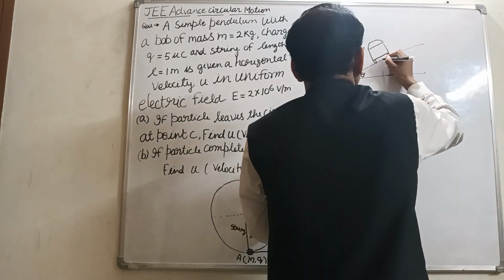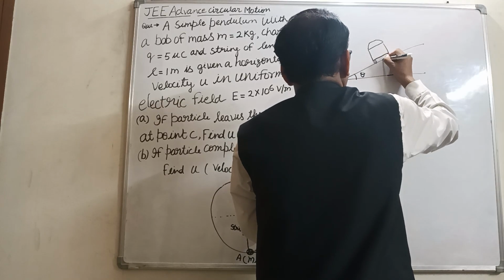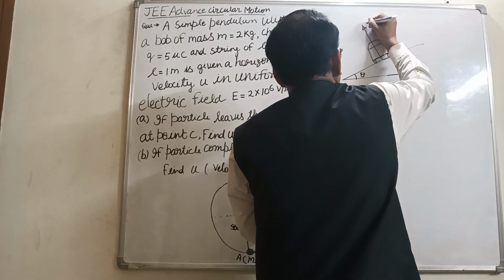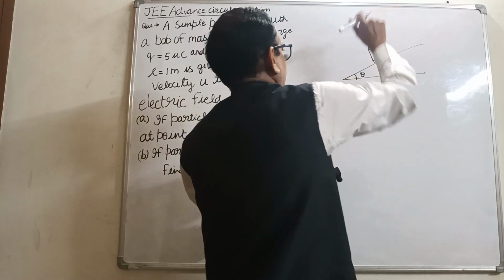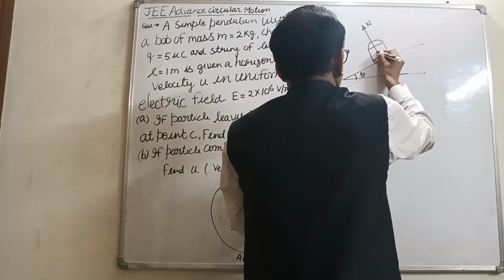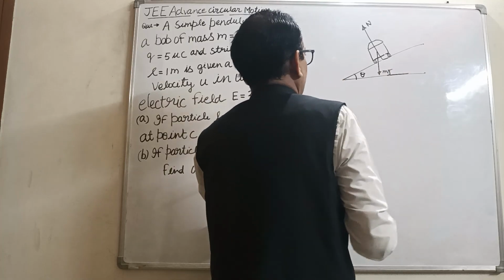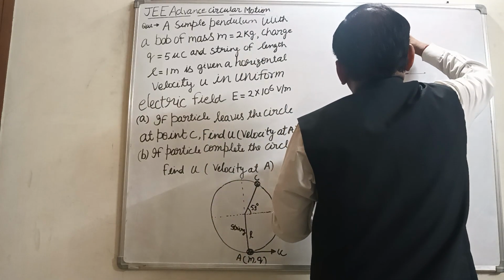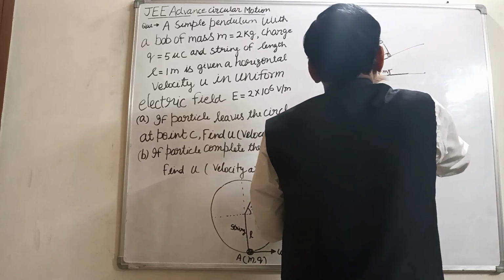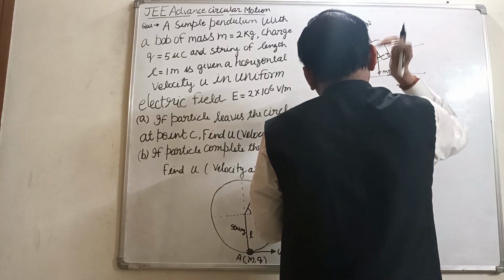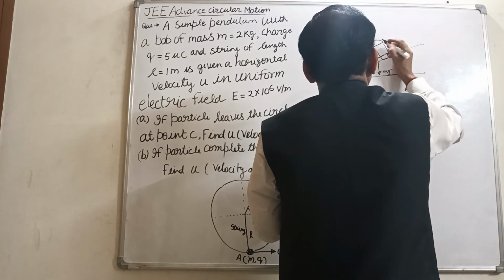Here the normal reaction is acting on this plane, and the weight is acting in this direction. What would be the components of the normal reaction and the centrifugal force? The centrifugal force is acting in that direction.